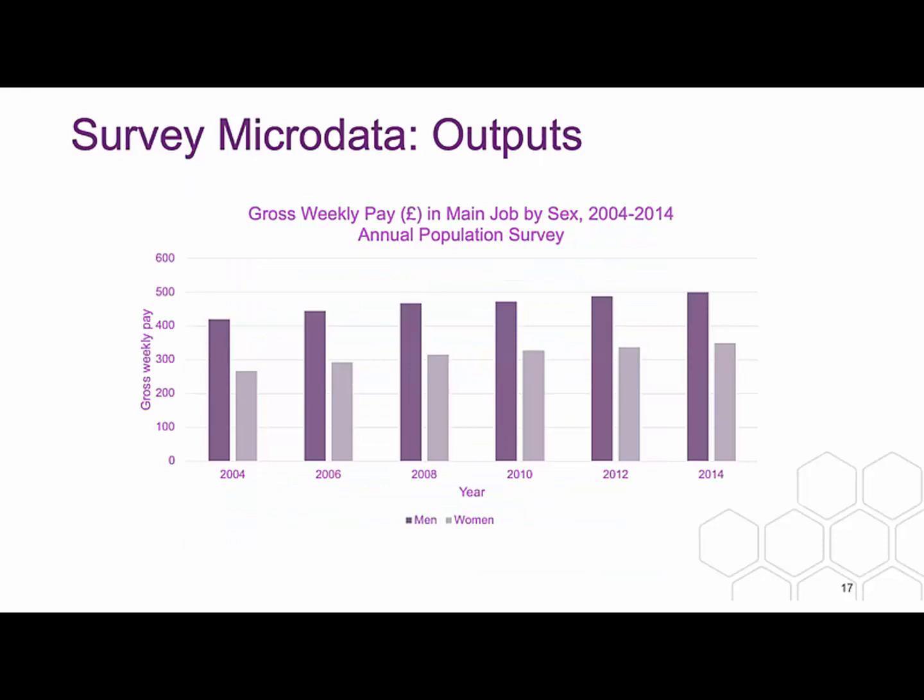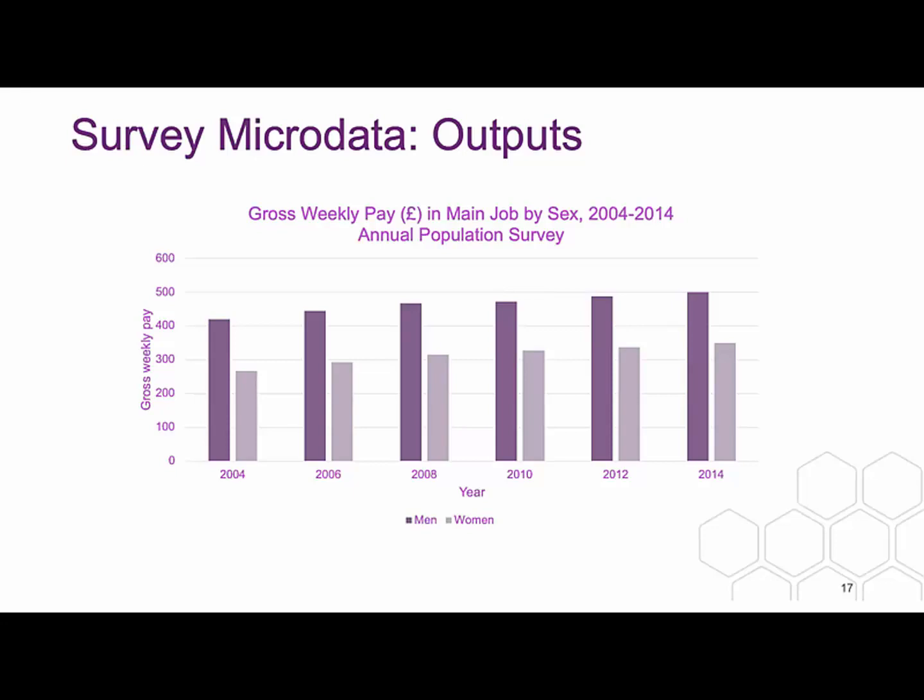And this is an example of a sort of output that you can create from that data. So this bar graph shows people's gross weekly pay from their main job broken down by sex using data from the annual population survey between 2004 and 2014. So the bars representing the men are the darker purple and the women are the lilac colour.